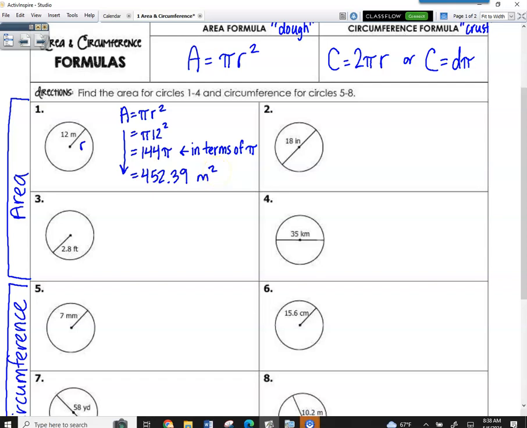Area is a two-dimensional measurement and it's length and width. Now you don't have a length and a width in the circle, but it's the same concept. If I wanted the area of this rug, I'd take the length, I'd multiply it by the width, and I would have the area, which means I've just measured two dimensions, which means I have to write squared at the end.